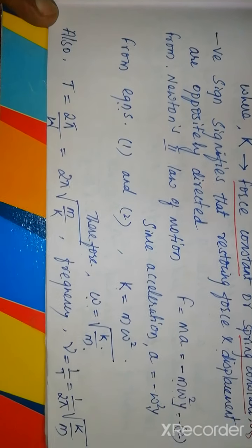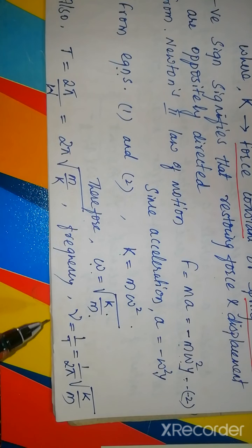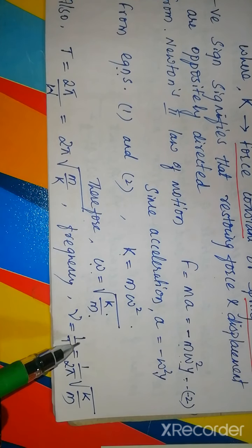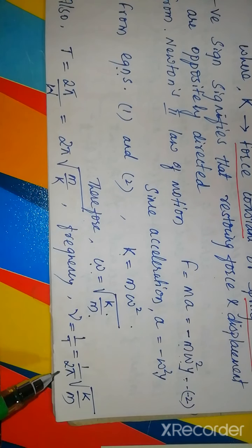And the linear frequency is the reciprocal of the time period. So linear frequency nu equals the reciprocal of time period T. So linear frequency equals 1 by 2 pi under root k by m.